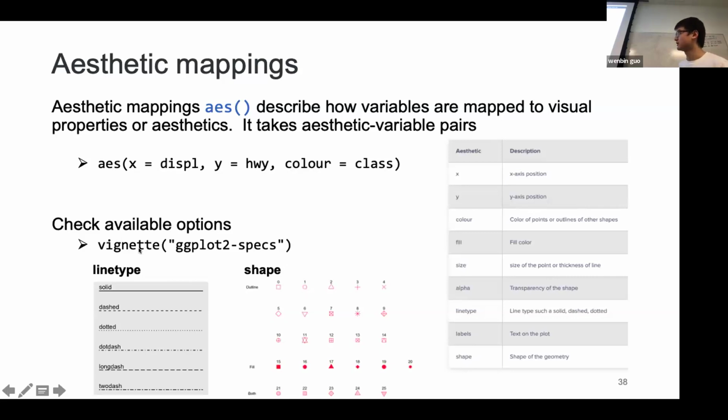And if you are curious about the options you have, simply copy this line of code into your RStudio IDE, and it will show, for each of the aesthetic properties, what type of options you have.